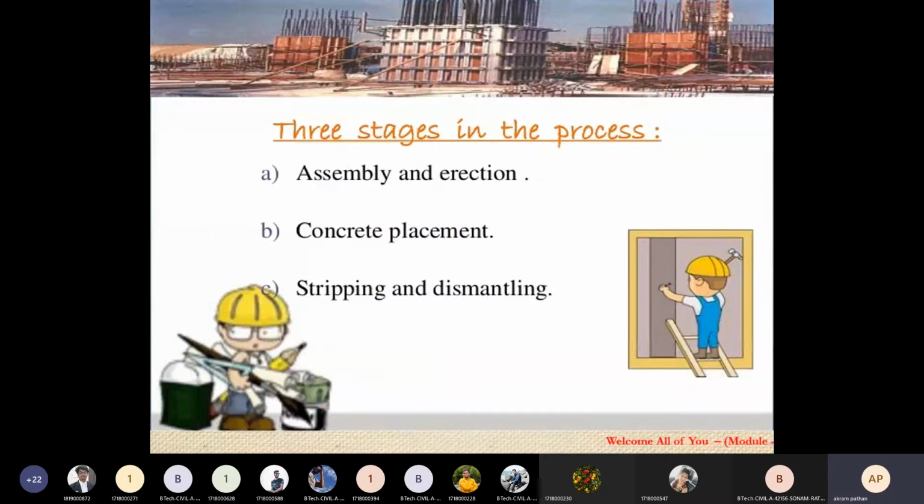Then these are the three stages in case of the form work: assembly and erection. Then after complete erection, we have to pour the concrete, and then there is a stripping time, that is 1 day, 3 days, 7 days, 14 or 21 days, and then we have to dismantle with proper instruments.